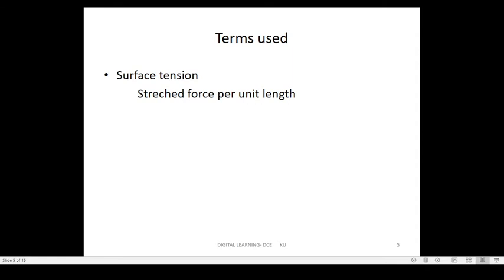We know that surface tension is the stretching force per unit length on a line drawn on the surface of the liquid.